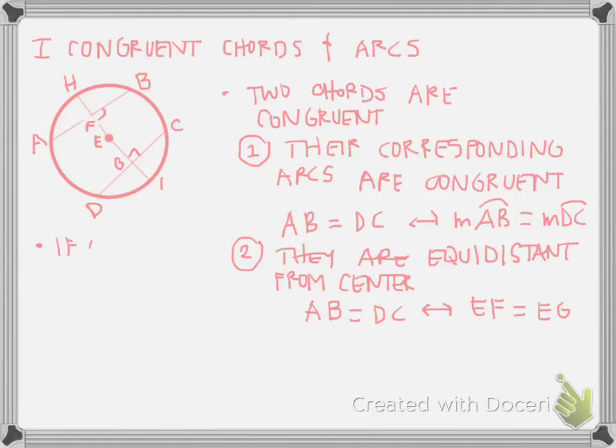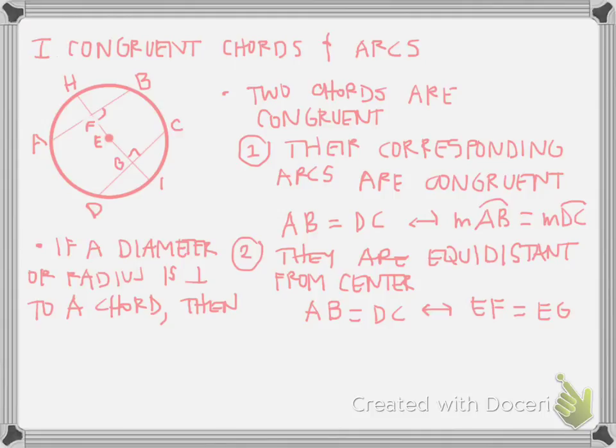If a diameter or radius is perpendicular to a chord, then it bisects the chord and the arc.